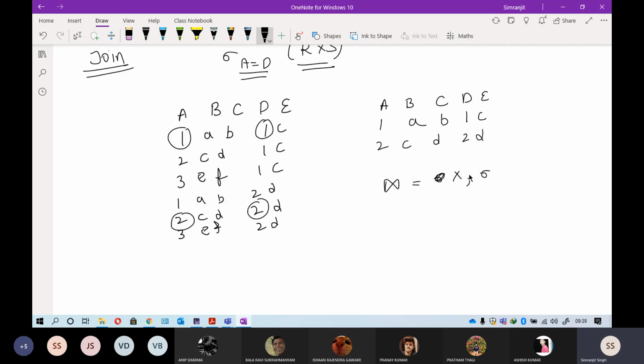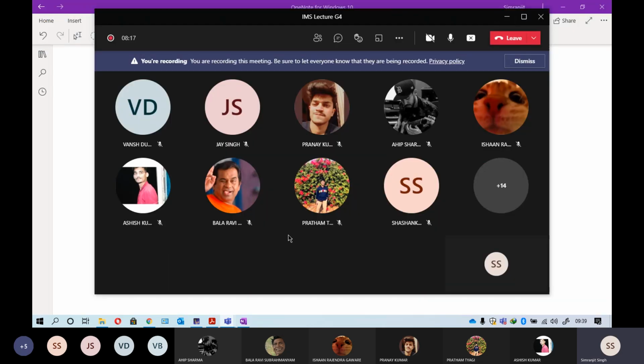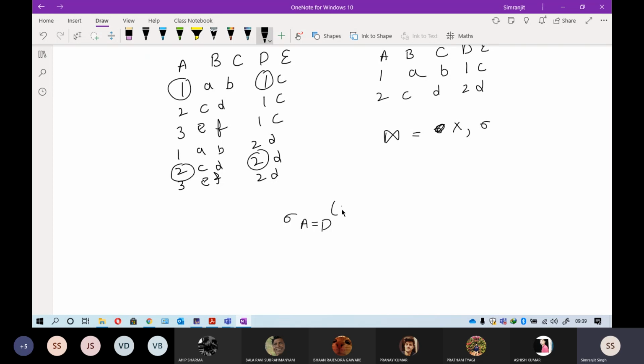Just to conclude, we have seen join is a combination of, sorry, this particular statement is given as sigma of A equal to D R cross S, and then it is equivalent to R join S, where A is equal to D. You can write like this.